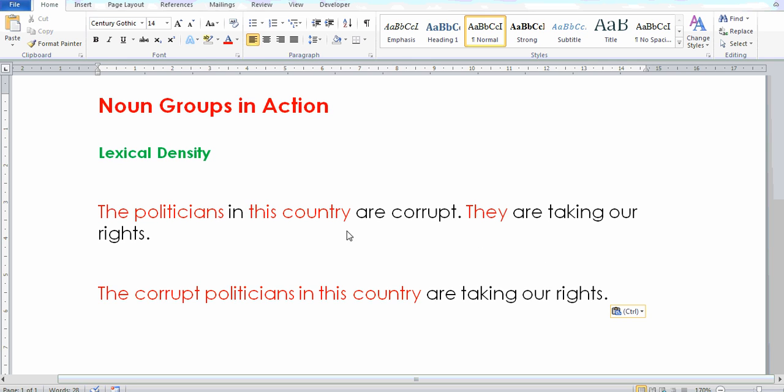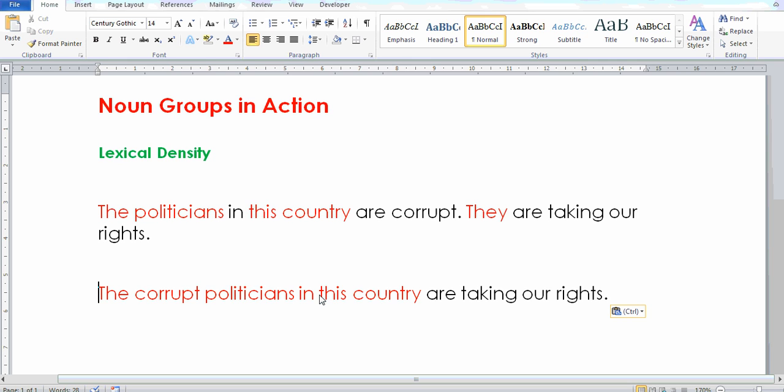I had two sentences. One sentence was dedicated to describing the politicians, so by moving that describer earlier, I was able to make a noun group, which made the reason for having two sentences not really useful. In this case, I've said the corrupt politicians in this country are taking our rights.